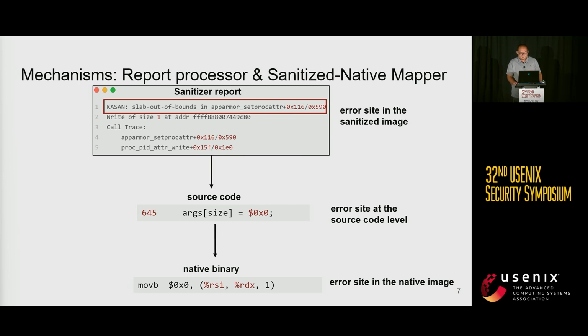After that, the sanitizer kernel is instrumented and totally different from the native kernel. So the sanitizer-to-native mapper translates the error site from the sanitizer binary to the source code and to the native kernel binary. Normally, we can use addr2line to map the binary address to the source code lines. But addr2line is well known to be inaccurate.